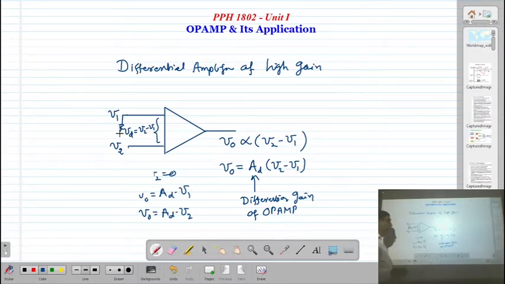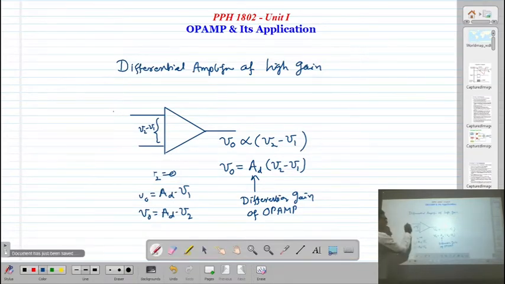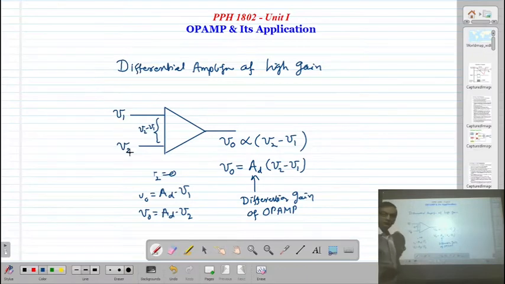Now let us see what is the difference between these two terminals. Here we have the V1 input and the V2 input. Basically in an operational amplifier, of the two terminals, one is known as the non-inverting terminal and the other is known as the inverting terminal.